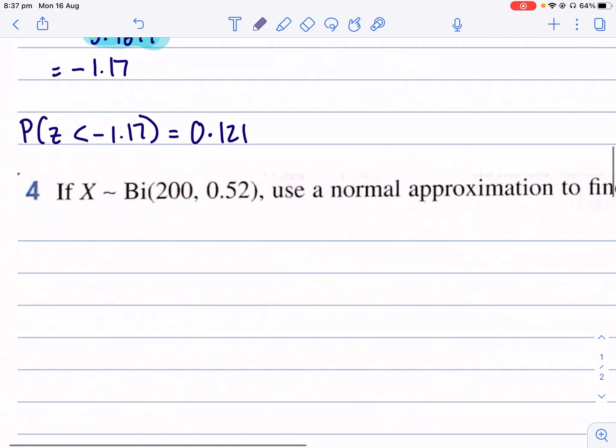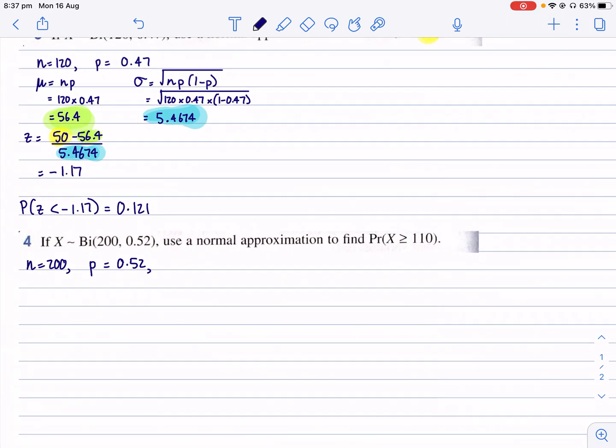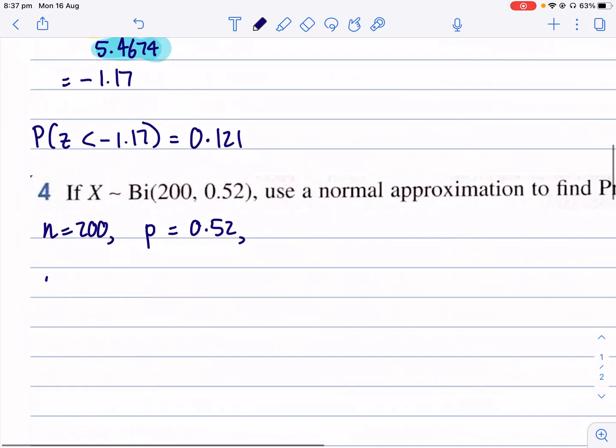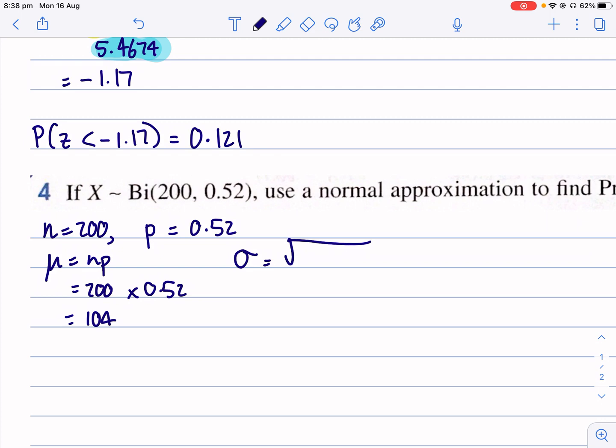Okay, so here we've got n is 200. The probability is 0.52. So we need the mean, mu, which is going to be np, 200 times 0.52, which should come out as 104. Our standard deviation is the square root of np, 1 take p.